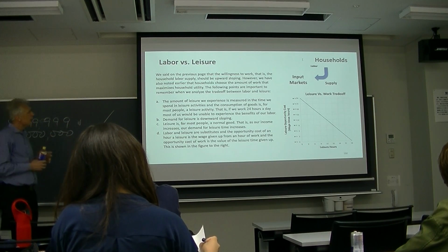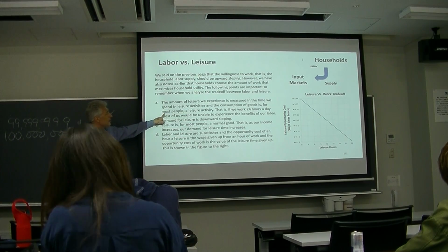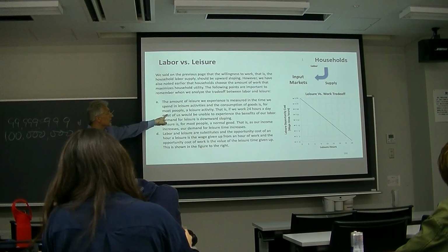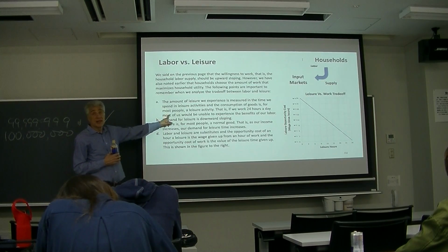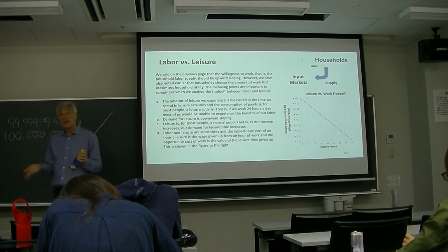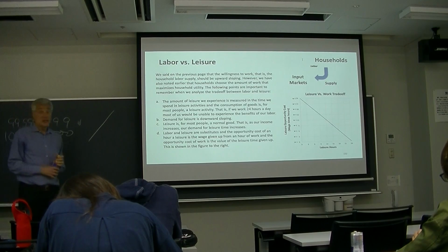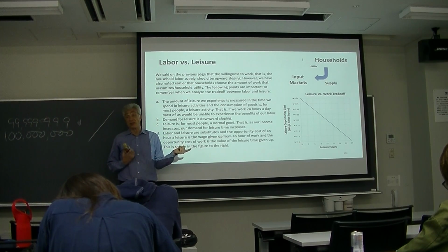As I said, the amount of leisure we experience is measured in the time we spend in leisure activities and the consumption of goods. So if we're consuming goods and spending time that we're not working, that's all leisure. But remember, leisure also means things like raising children.